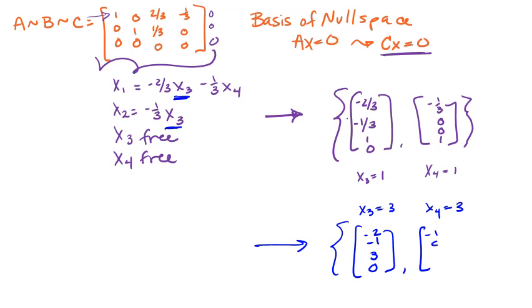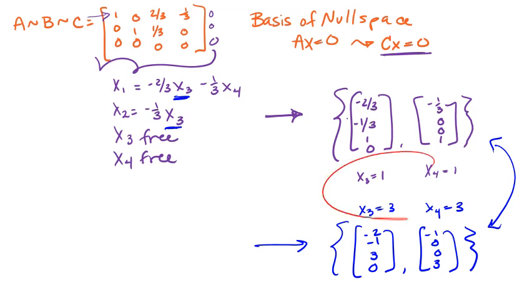So then you would have negative 1, 0, 0, 3. So these are equivalent. It just depends on what you choose to be your free variable, and that will change these entries as well as the other entries because we'll be multiplying. Okay, and that wraps up this first example.